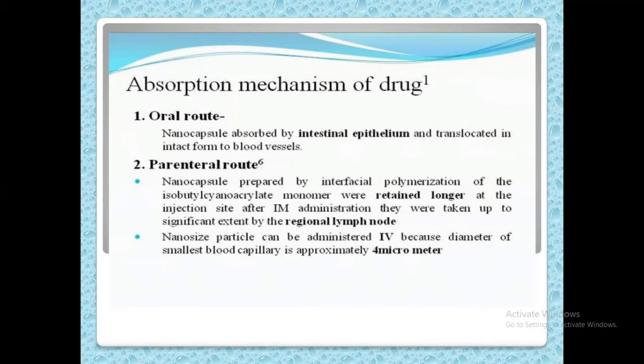You are taking the drug that is already entrapped inside a nanocapsule. When it reaches the intestinal epithelium, the epithelium will absorb the capsule intact without any damage. The nanocapsule itself goes to the blood vessels directly.